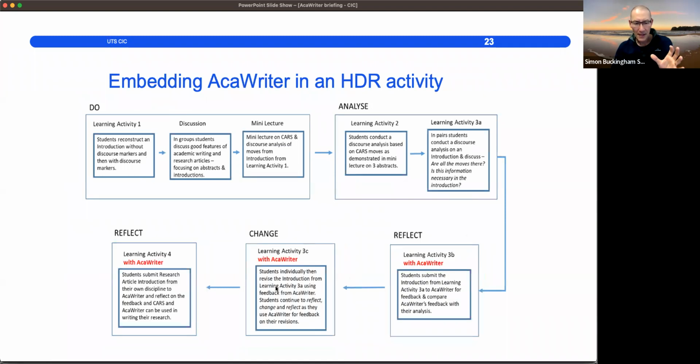And then they start using AcaWriter here. And I won't go into the details here, but again, you can take a look at this and decide to adopt or adapt this to your own student context. Okay, so all of these patterns are available on the website for you to consider.